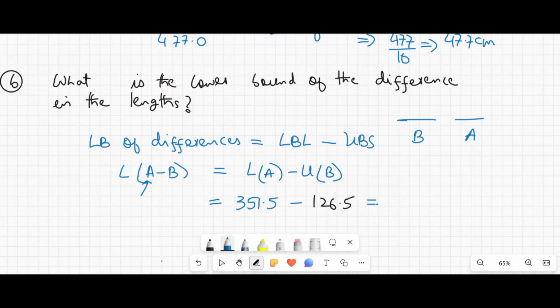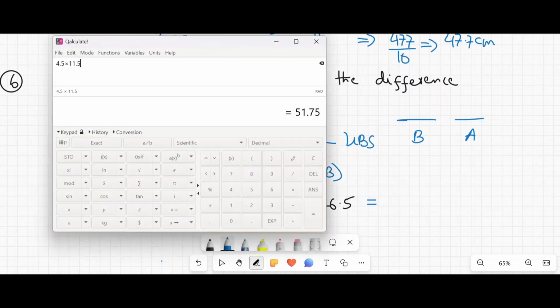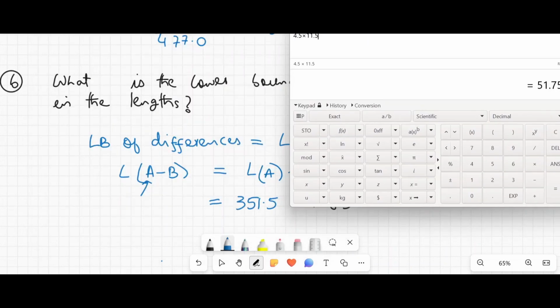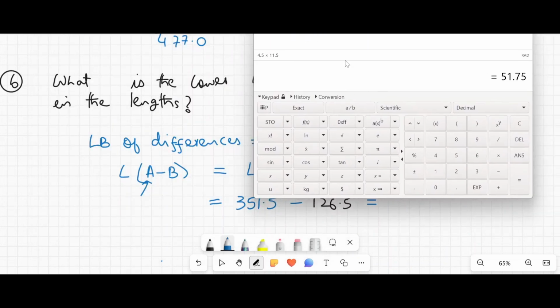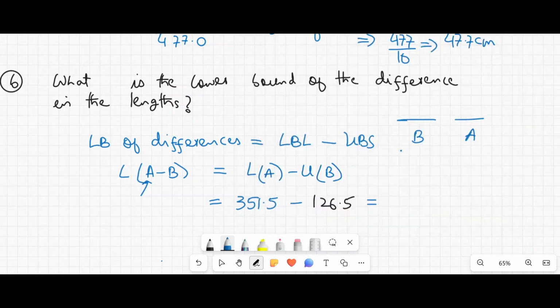While finding this, you can do it by calculator. Let me do it for you. 351.5 subtract 126.5, you will get 225 millimeter.